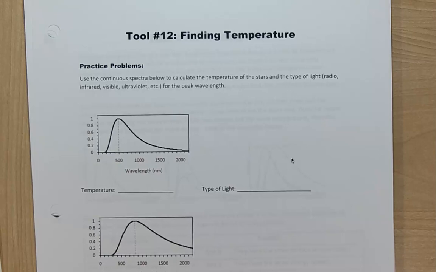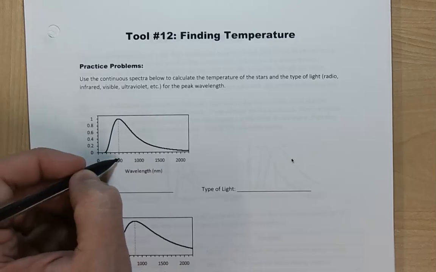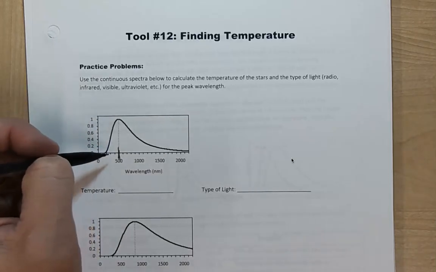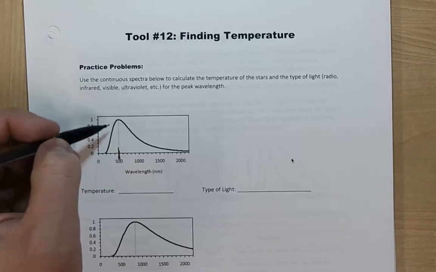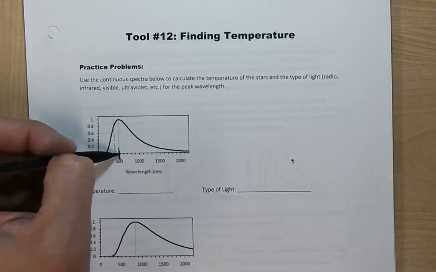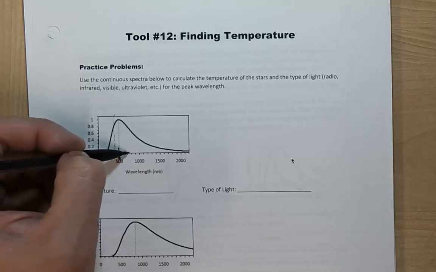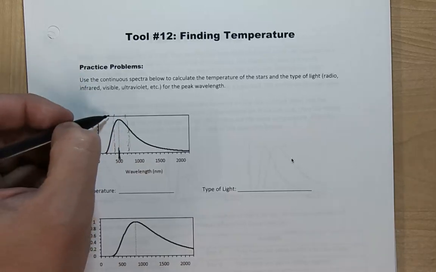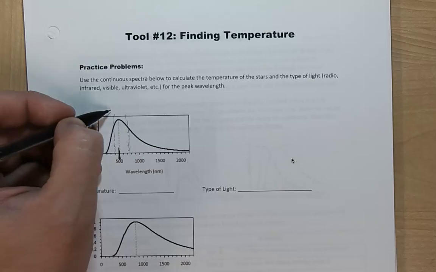Let's say you've got this first star here. This first star has a peak wavelength of, it looks like, 500 nanometers. So, what type of light is that? Remember, I said before, it's handy to remember that visible light goes from 400 to 750 nanometers, right?